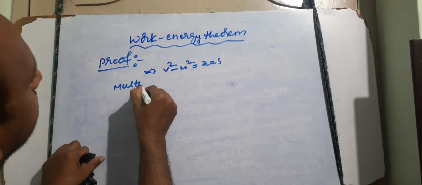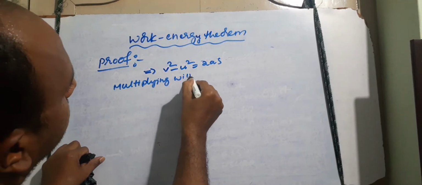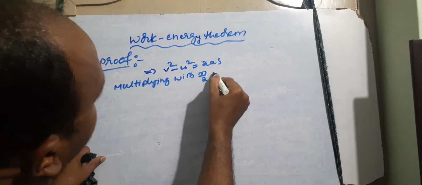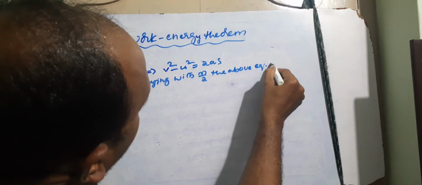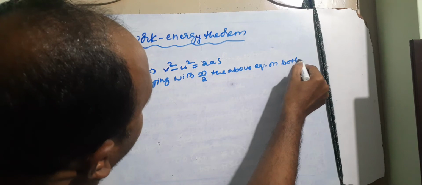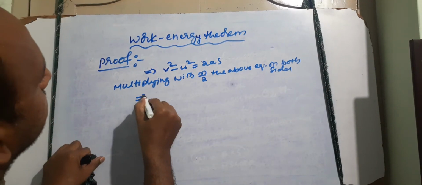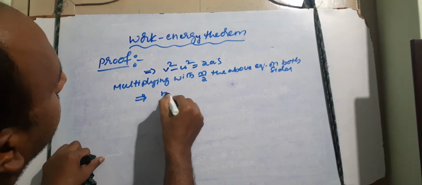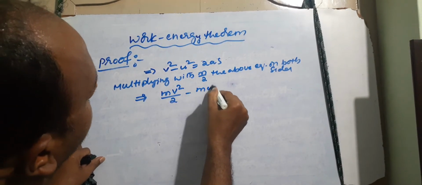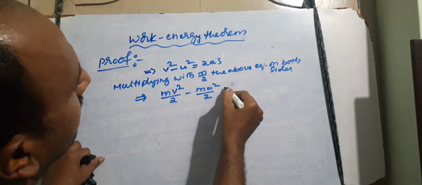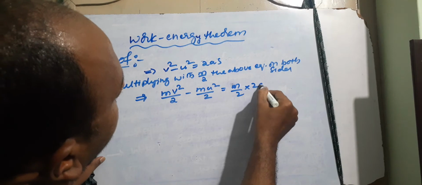Now multiplying the above equation with m by 2 on both sides, it will be mv square by 2 minus mu square by 2 is equal to m by 2 into 2as.